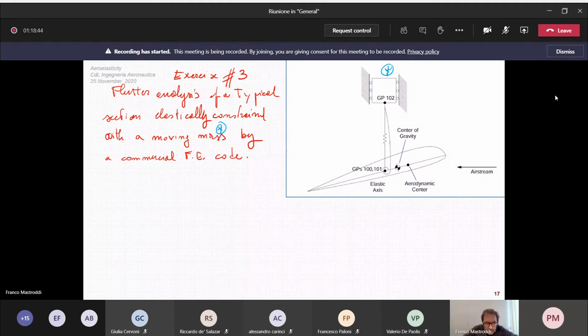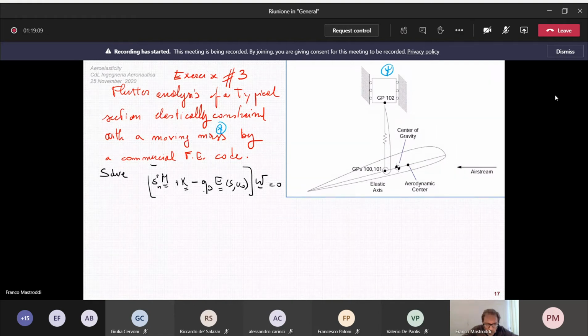And this finite element code is able to solve this equation, (M s squared plus K minus dynamic pressure times the aerodynamic matrix) w equal to 0.